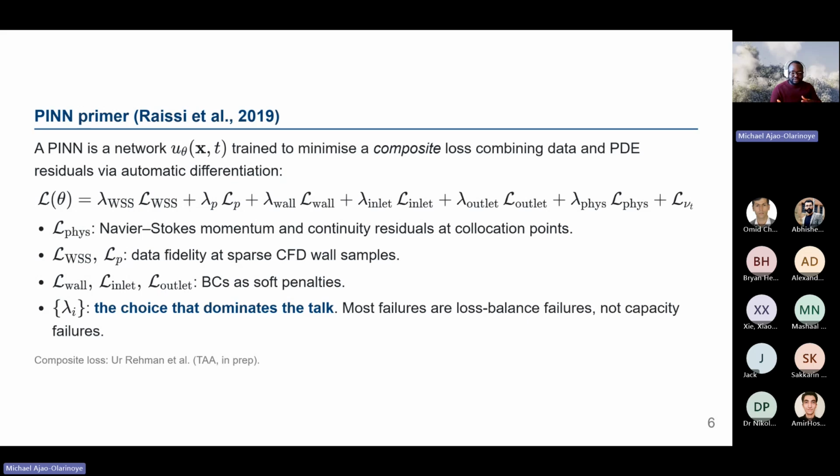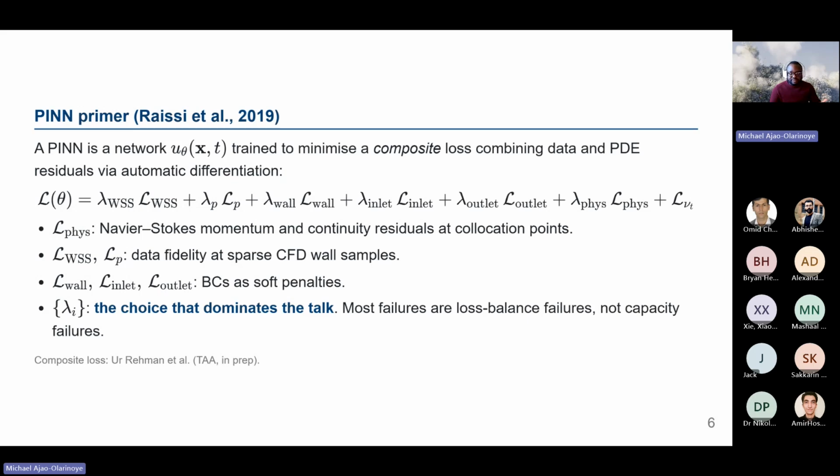So the loss function has to have things like your Navier-Stokes momentum and continuity residuals, which are obtained from the automatic differentiation at certain collocation points on the data which you subsampled. You also need your wall shear stress losses. You need your data loss, which is obtained at certain sparse points in a wall sample, and you need your boundary condition losses in some cases, right?